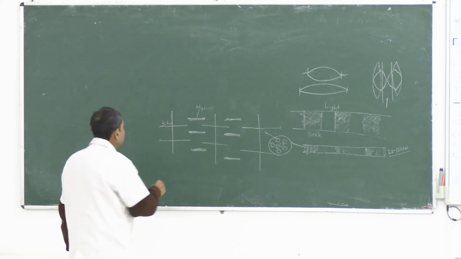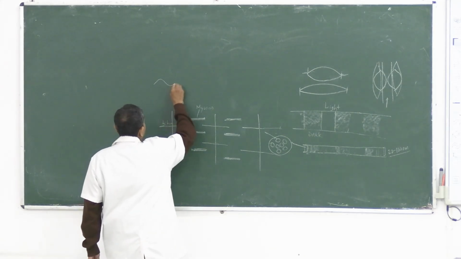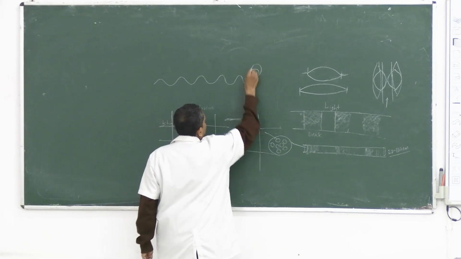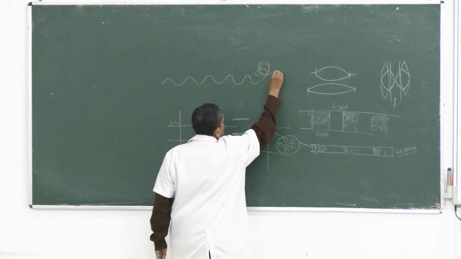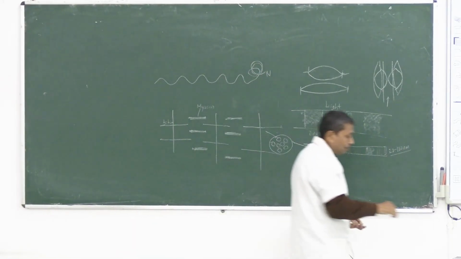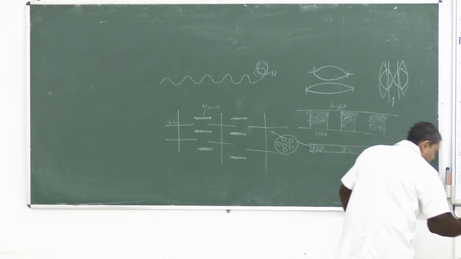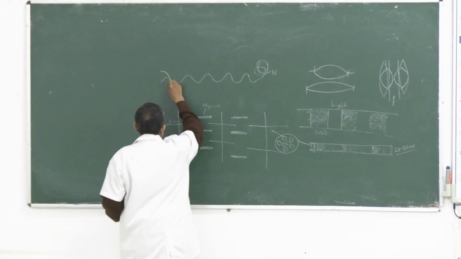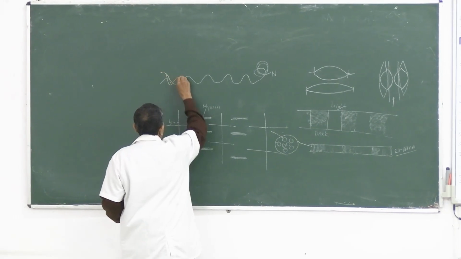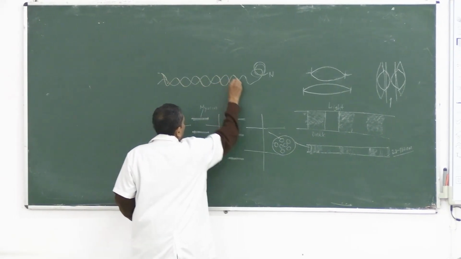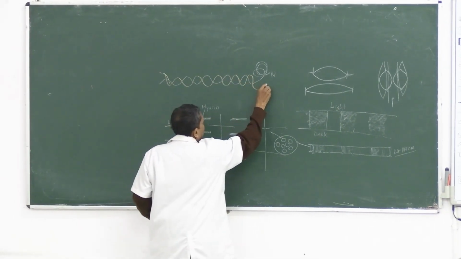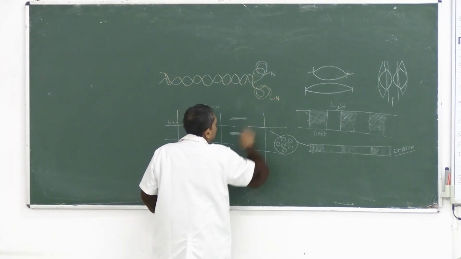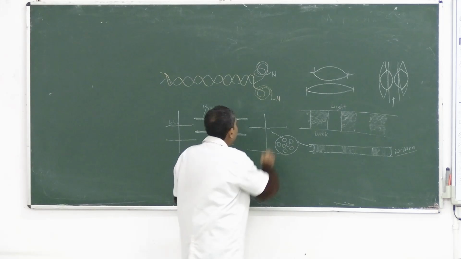They are in this way. Suppose, with another color, twisted in this way. And contains 2 light chains.